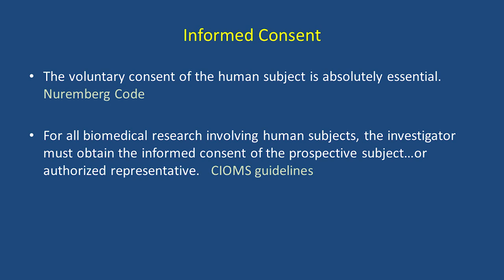The Nuremberg Code starts with this tenet: the voluntary consent of the human subject is absolutely essential. And CIOMS also says, investigator must obtain the informed consent of the prospective subject or authorized representative. The regulations that govern US-based research and US-funded research also very clearly say the informed consent of the prospective subject or authorized representative must be obtained.